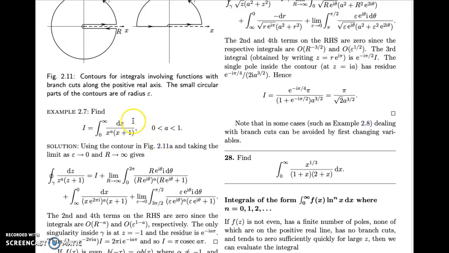In this particular case, unless you know otherwise, you should use this contour. If you have a good reason to suspect that you can get away with the other contour, then you'll know and you'll use it. But to start with, we're going to use this contour.